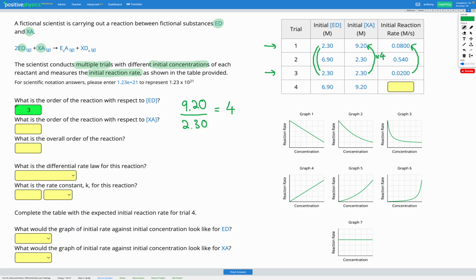Our rate ended up at 0.0800 and it started at 0.0200. That's 4 as well. So my initial concentration of XA multiplied by 4, my initial reaction rate also multiplied by 4, which is 4 to the power of 1. It's just 4. So my order of reaction is going to be 1 for XA.